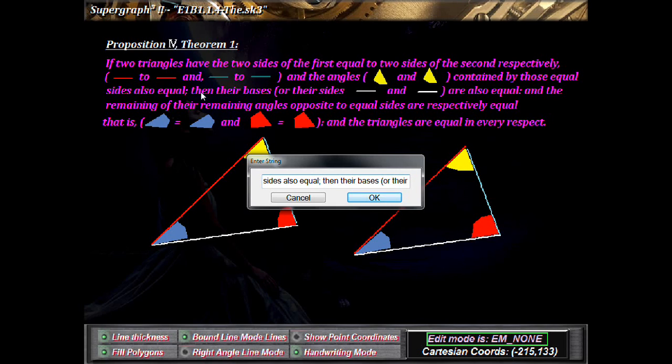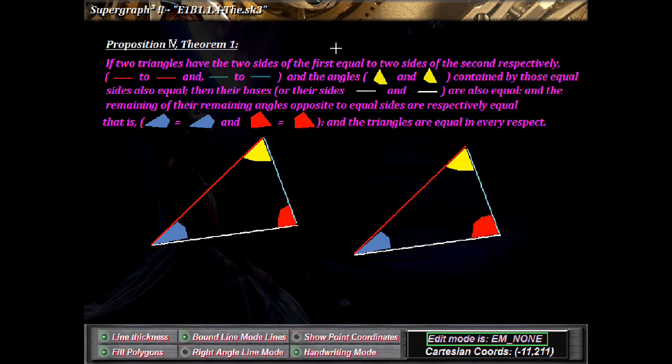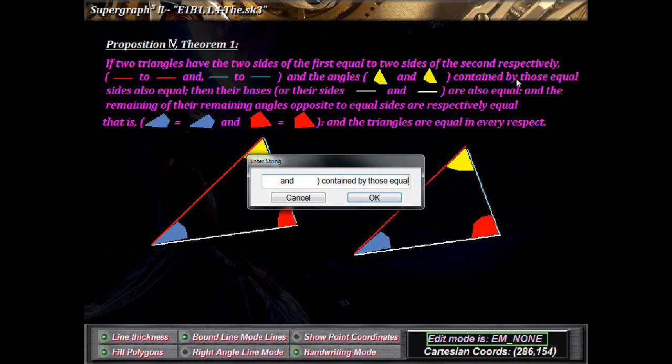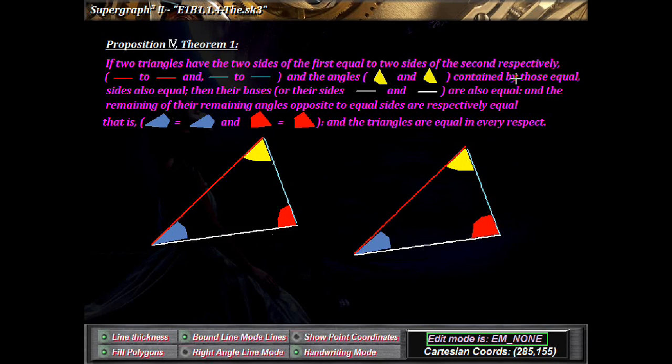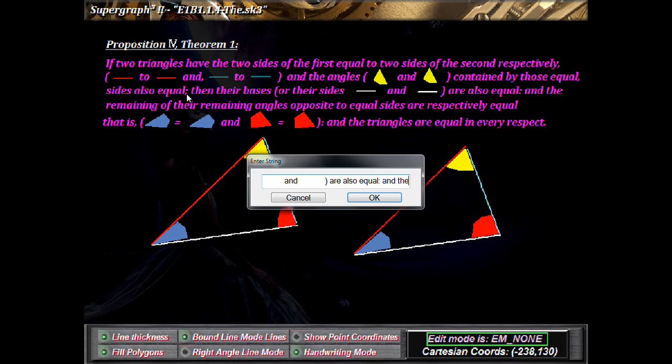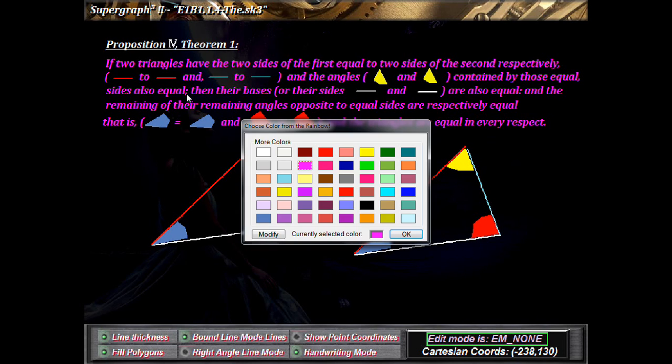Oh, I copied. This should just have a comma here. And the beginning part of this is a typo, a repeat. And we'll try it in a different color.